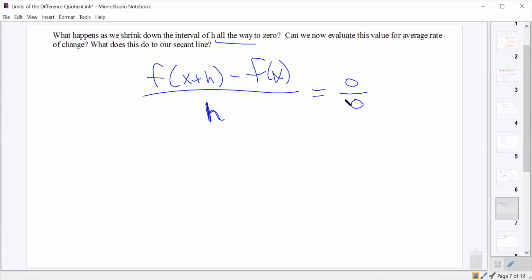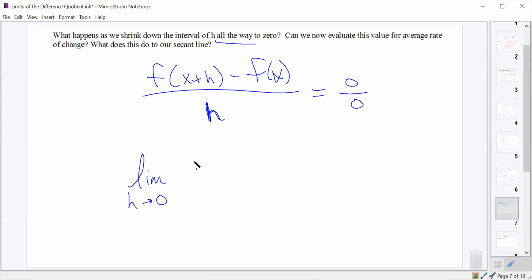But it's a problem that's easily solved by, instead of saying what happens at 0, we look at what happens as we get very, very close to that interval being 0. That would be a limit as that interval gets very close to 0, right?